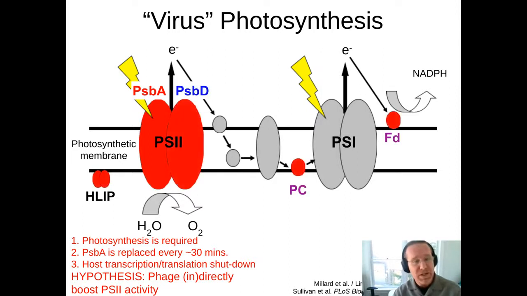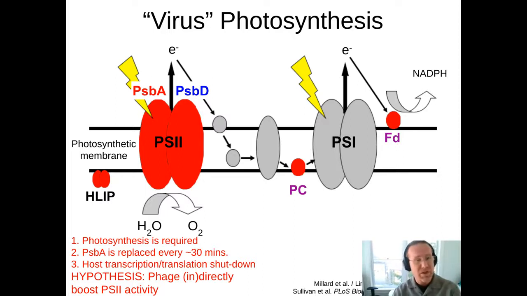Viruses also steal other genes. Here I've highlighted the cognate pair of PsbA, PsbD, as well as high-light inducible proteins, plastocyanin, and ferredoxin. These, we think, are drawing electrons away from the PS2 reaction center to keep it going.